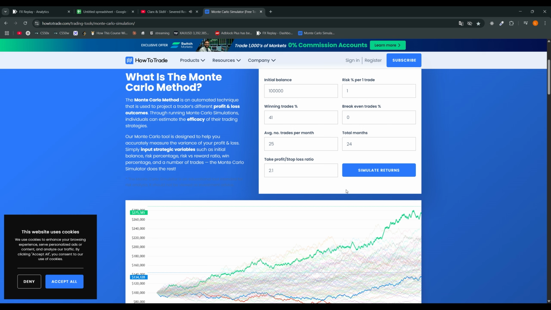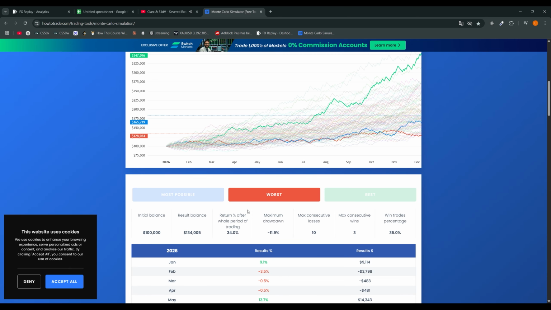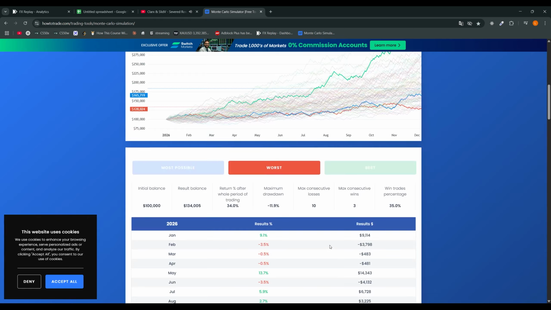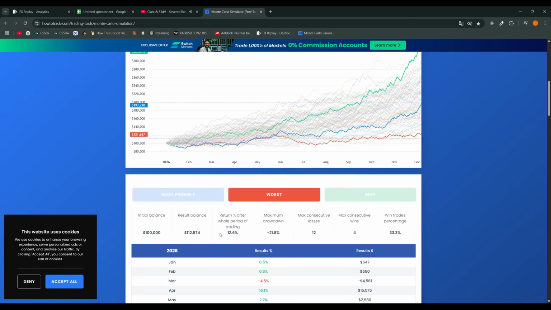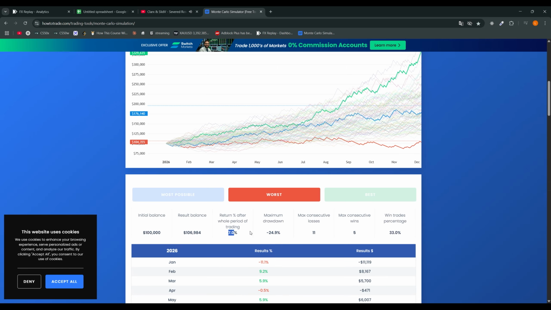If we take the 41% win rate with a total of 12 months, in the worst case scenario we are up 34% with a maximum drawdown of 11.9%.